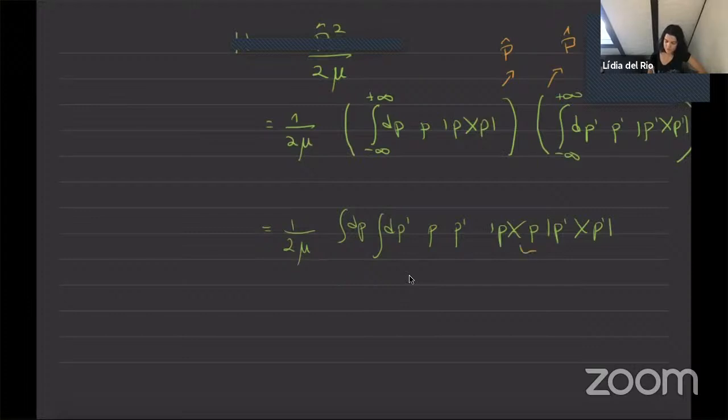But this we know is the Dirac delta again, so we get rid of one of the integrals for free. So we end up with 1 over 2 mu, integral of dp p squared.